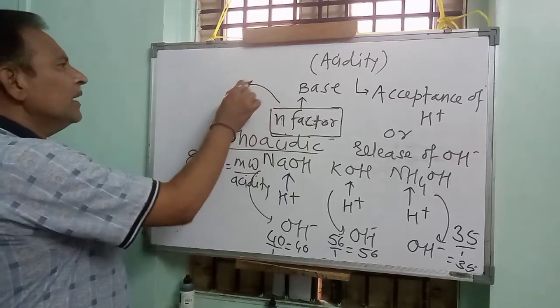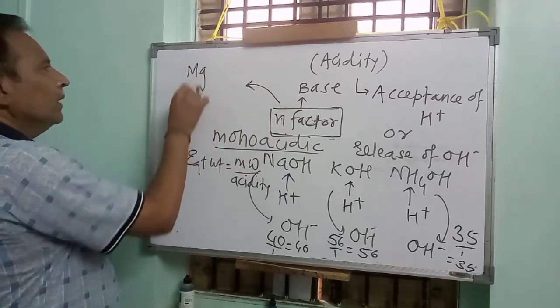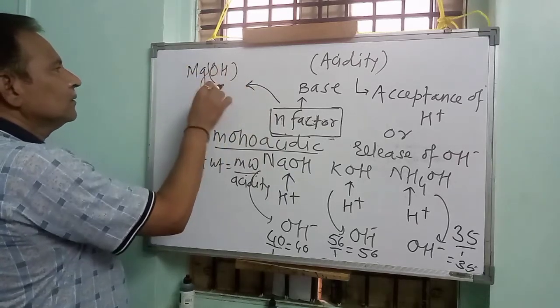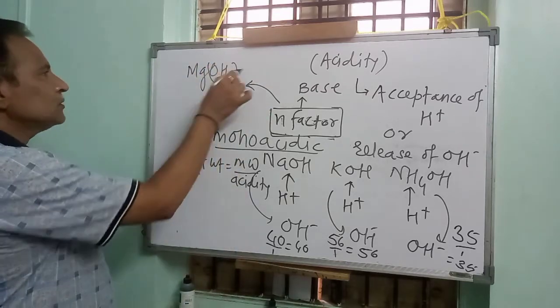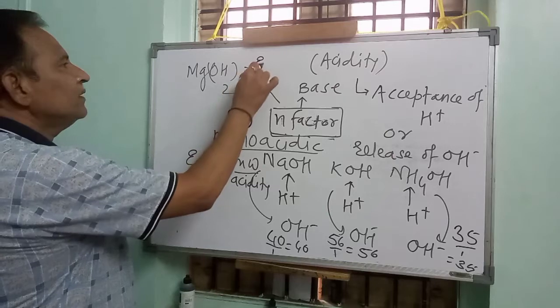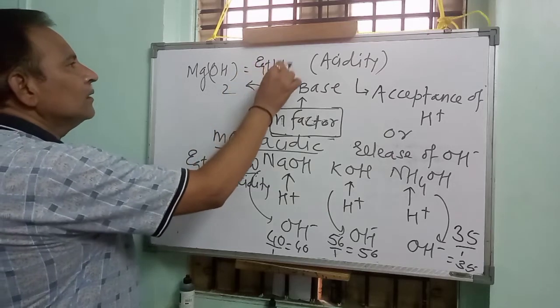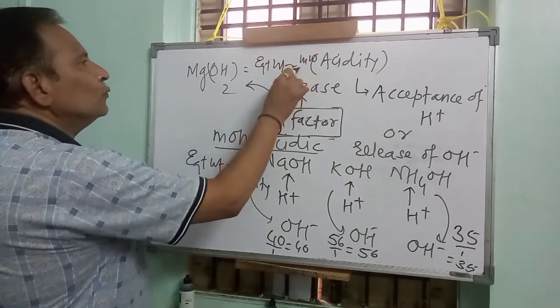Now some diacidic bases are there. For example, magnesium hydroxide either accepts 2 protons or releases 2 OH minus. Therefore, equivalent weight is equal to molecular weight divided by 2.